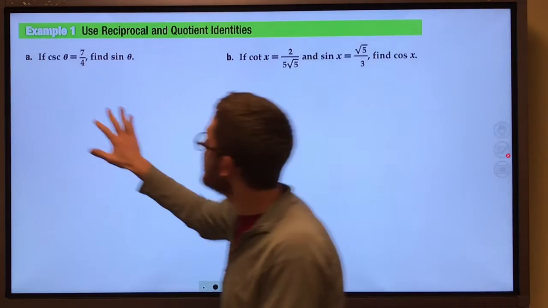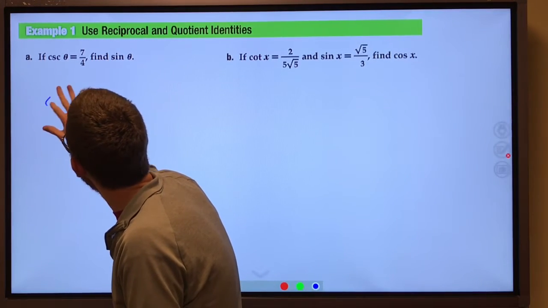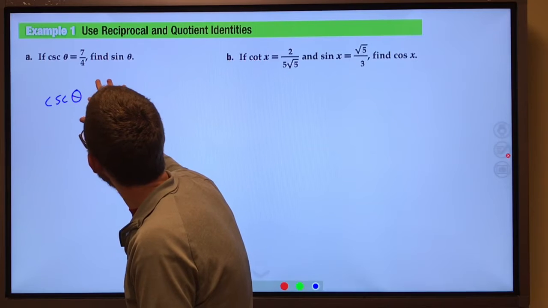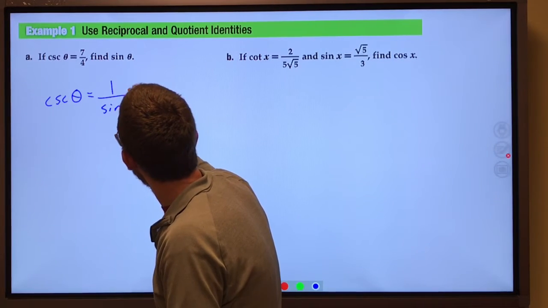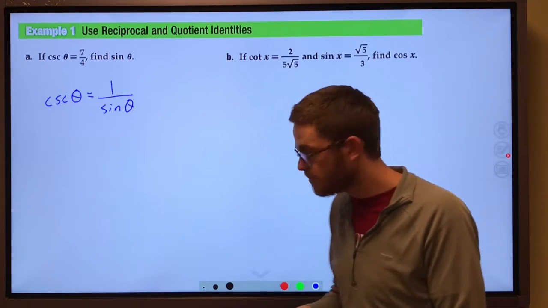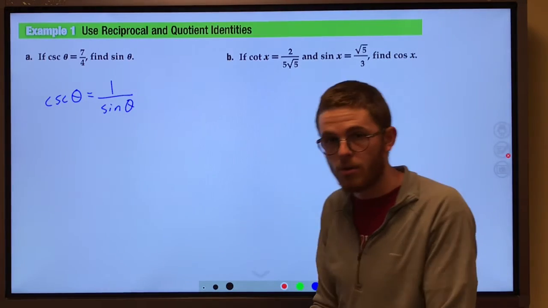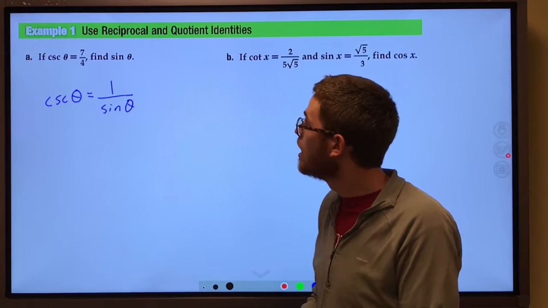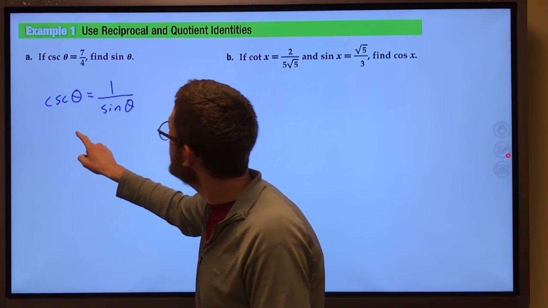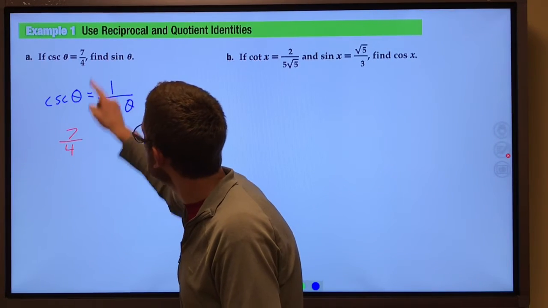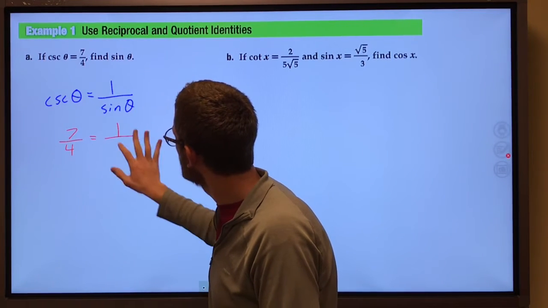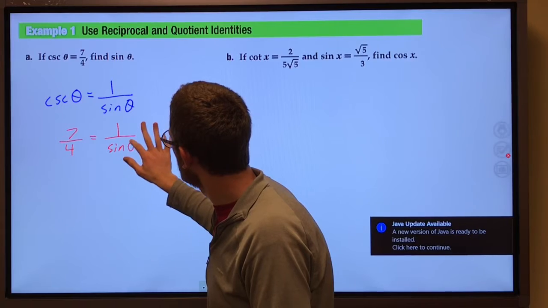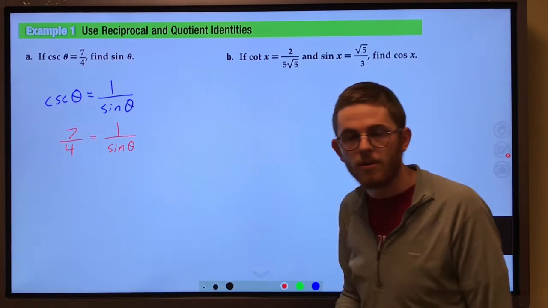We know the relationship: cosecant of an angle is 1 over the sine of an angle. And so check out what I'm going to do here. I know the cosecant of that is 7 over 4. I'm going to plug that in for what I have, and I'm looking for sine of that value.